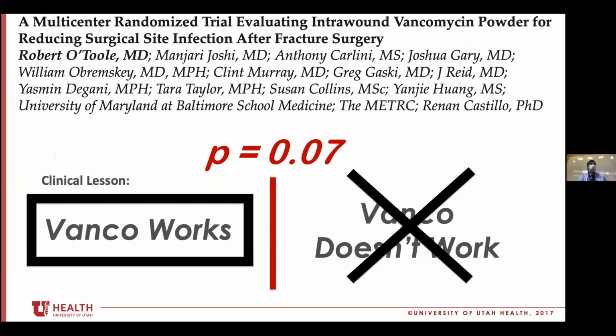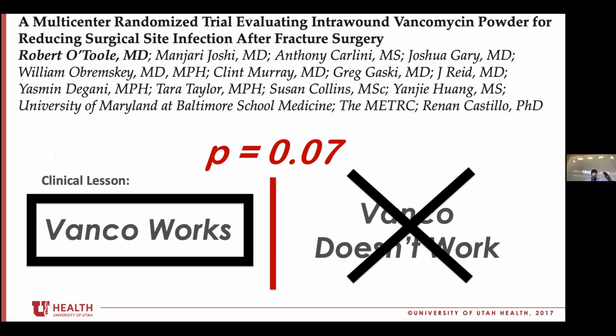I can only tell you how I interpret this p-value, all right? So while the p-value doesn't reach statistical significance via traditional means, I read that p-value and think that there's a 93% chance that the 50% surgical site infection risk reduction is a real finding.